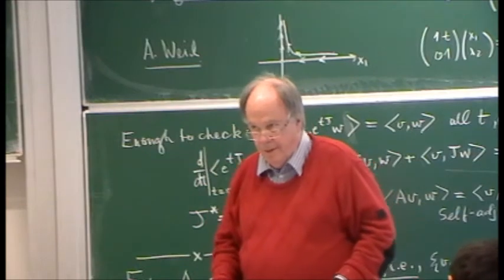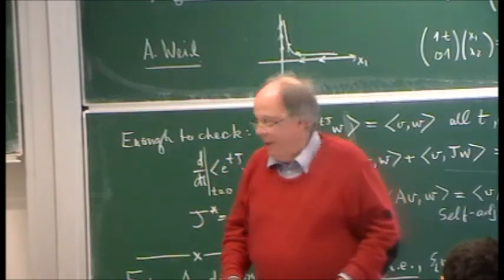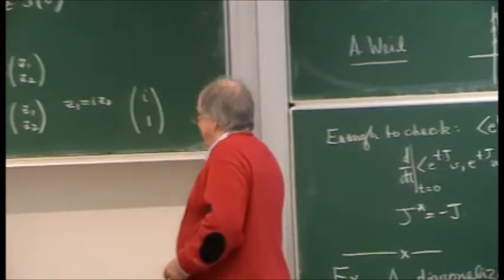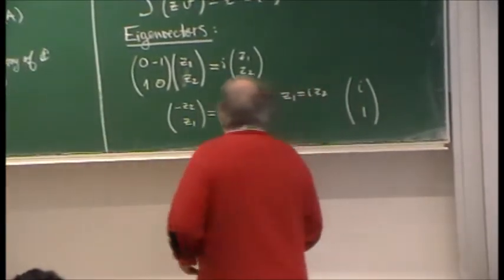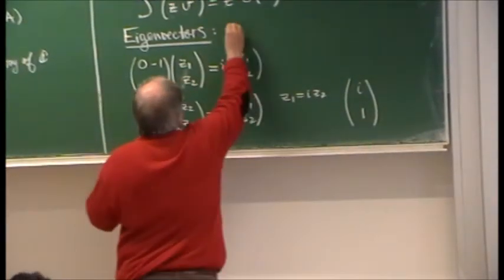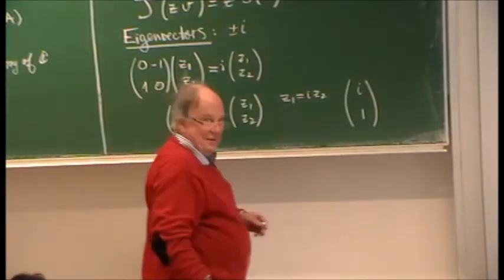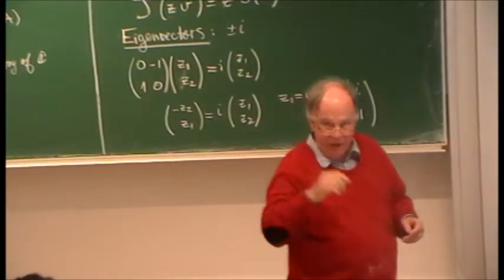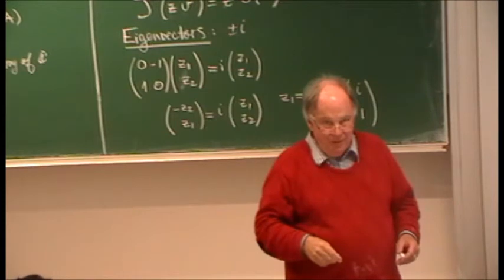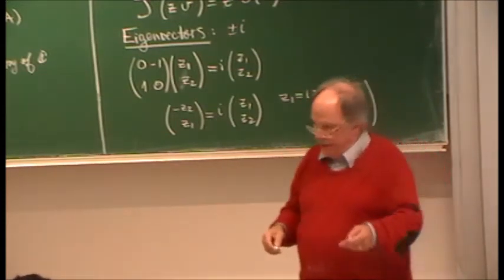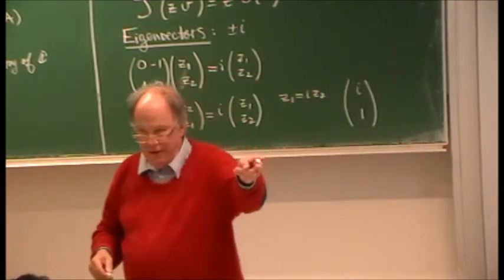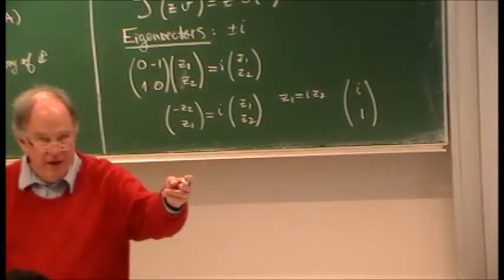Okay. So what about the eigenvalues? That was plus or minus i. So i were the solutions of the characteristic polynomial. So let's use these arguments for the eigenvectors.